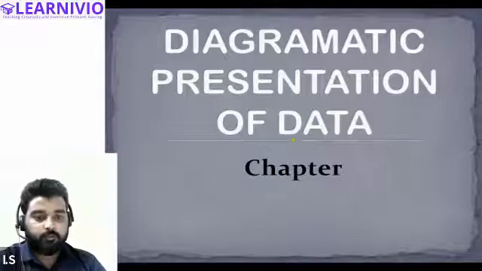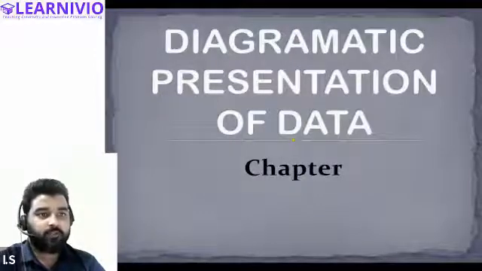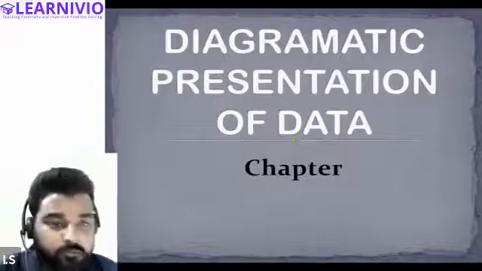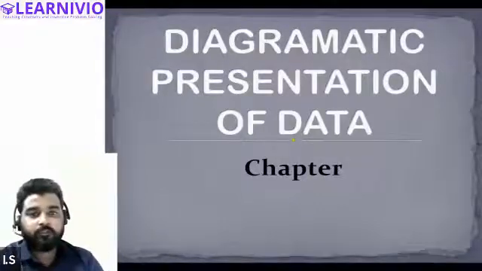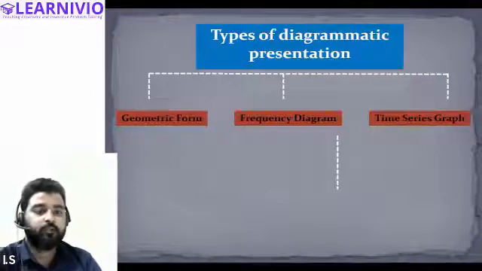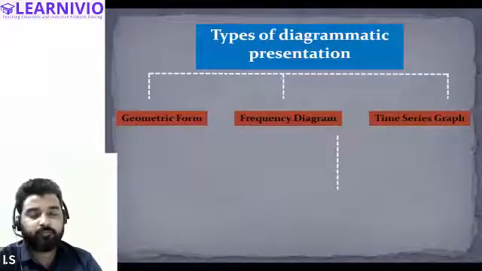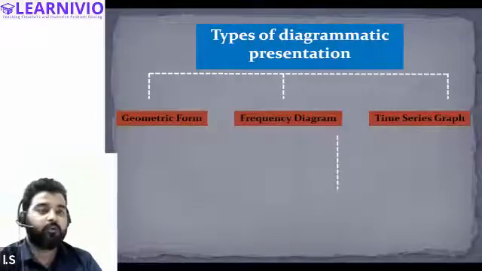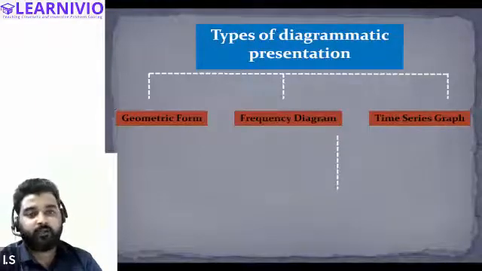All right. So in the previous class, we were discussing the diagrammatic presentation of data. Let's start with the revision. In this chapter, until now, we have discussed the various types by which data can be presented diagrammatically.